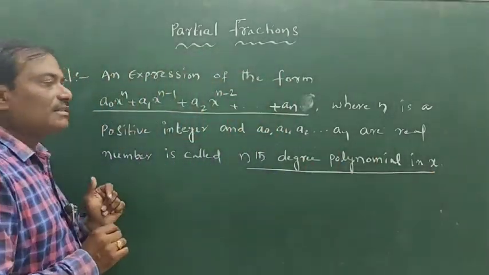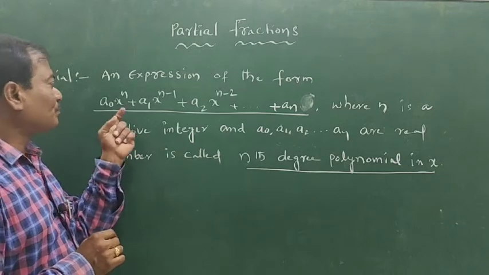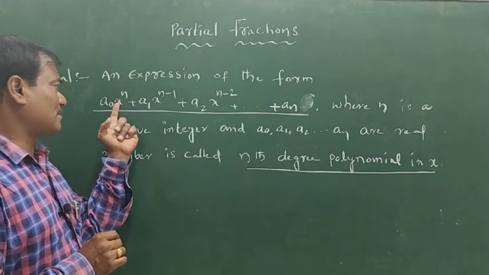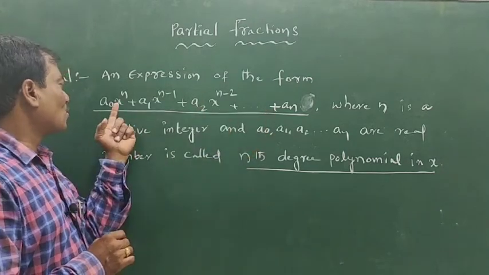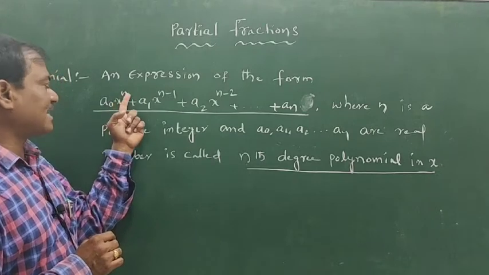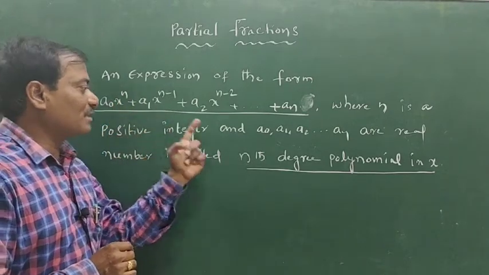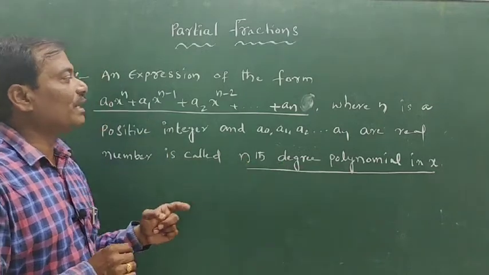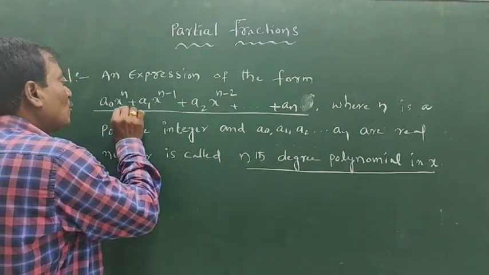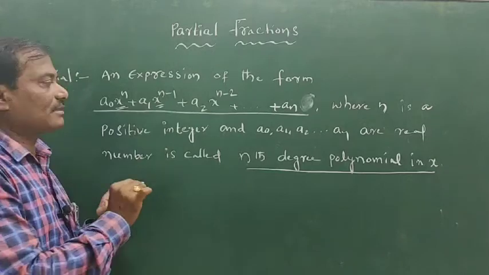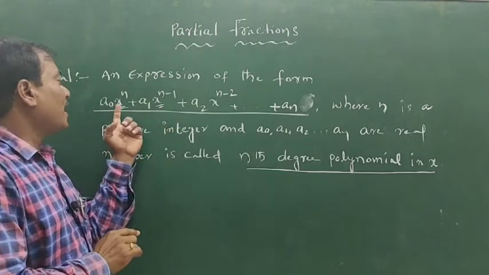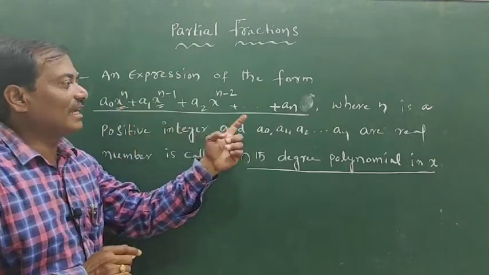Nth degree means the highest power of x in this expression. So the highest power of x is n. Therefore the given polynomial is said to be an nth degree polynomial, and since this polynomial is in terms of x, it is a polynomial in x.